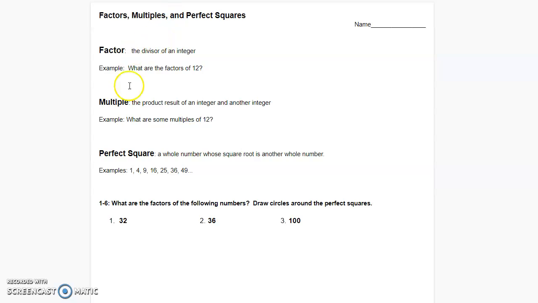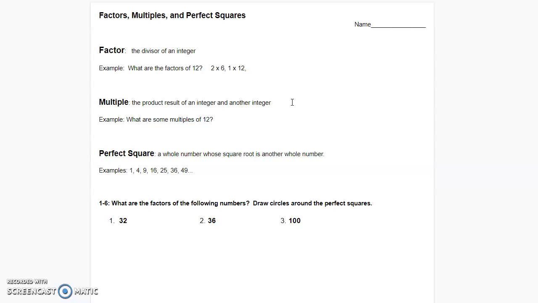All right. Examples: what are the factors of 12? Let me do them with you. Well, I got 2 times 6. That's one. But also, going back, 1 times 12. So 1 times 12, 2 times 6.